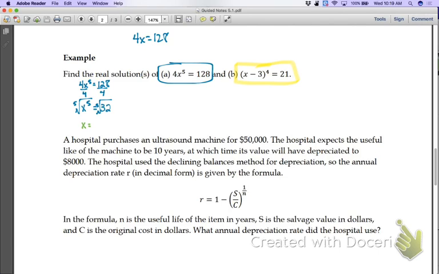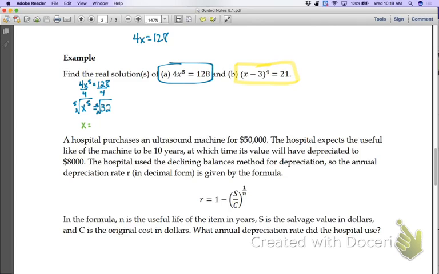X. Now, it's the fifth root, so is it going to be positive, negative, both, what? Just positive, right? Because it's odd. So it's just going to be positive, because you're taking it to an odd root. So what is the fifth root of 32? 2.